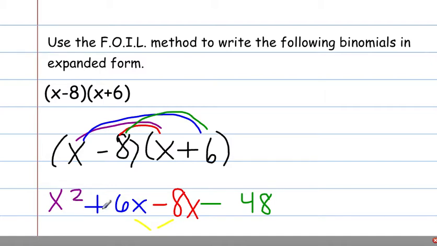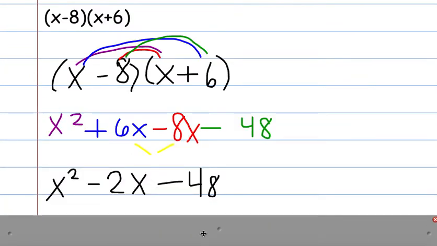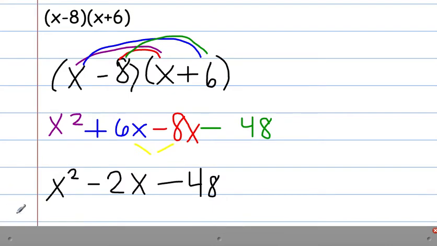Our outer terms are going to give us a positive 6x, our inner terms are going to give us a negative 8x, and our last terms will give us a negative 48. So once we combine our like terms, our final answer is going to be x squared minus 2x minus 48.